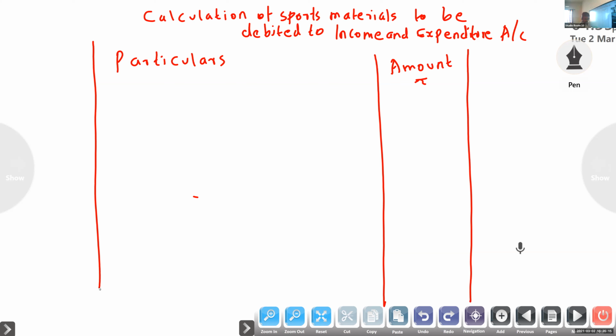First, amount paid to creditors for sports material. So first you have to write amount paid to creditors for sports material.